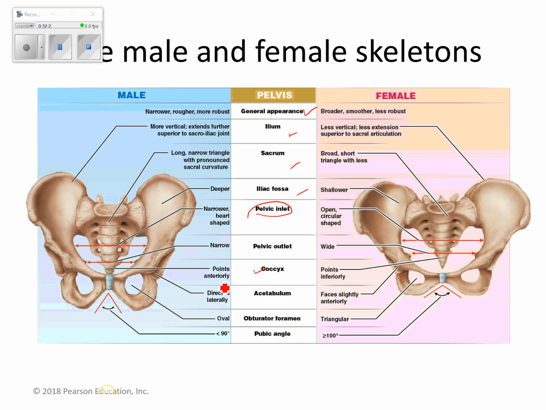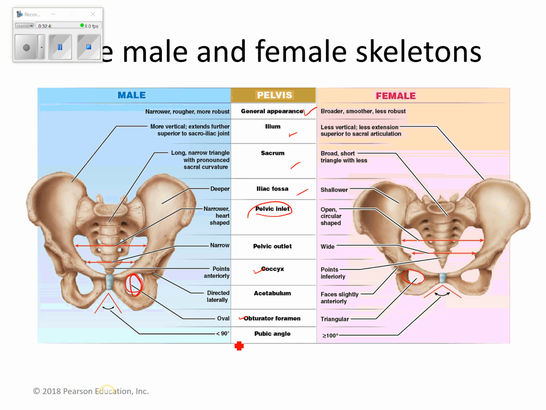Coccyx, in the male, is going to point more anteriorly, and it points more inferiorly in the female. Obturator foramen is actually a little bit different in size as well. It's more oval here in the male, and over here it's more triangular looking, which I cannot draw very well there.